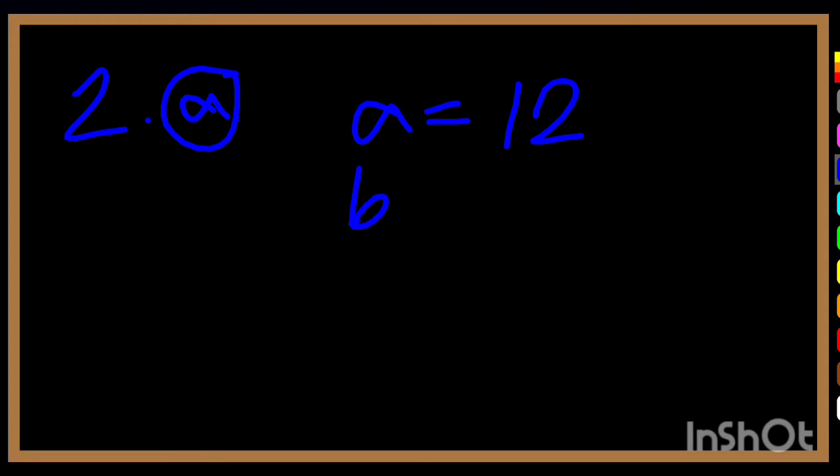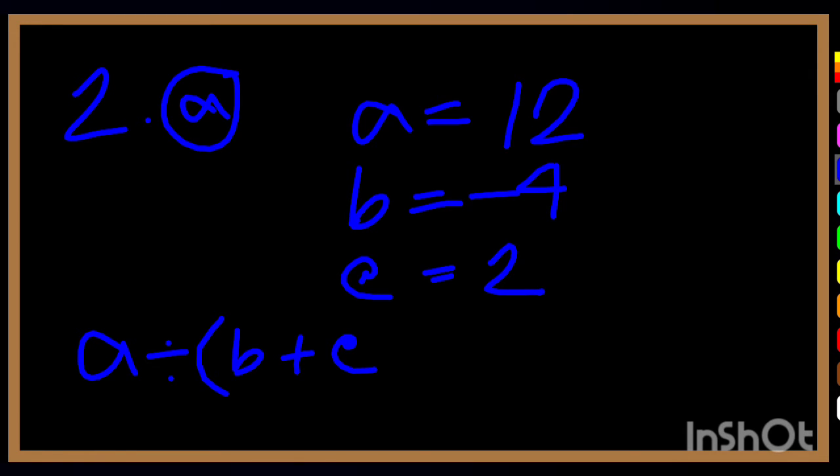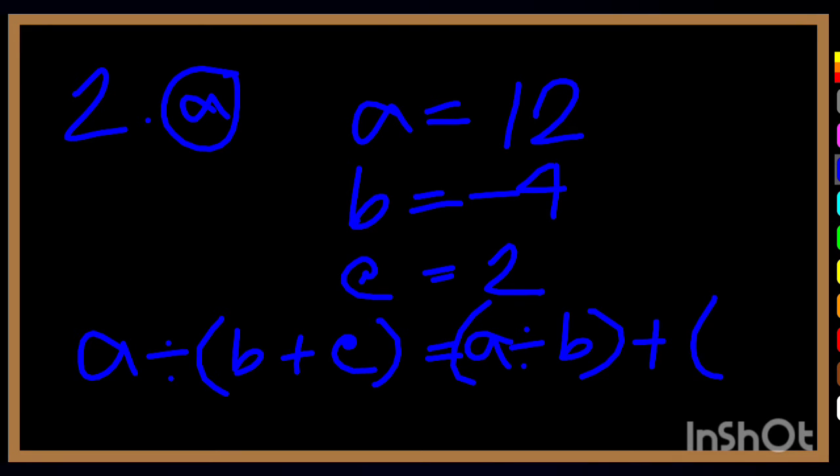In question number 2a, it is written A is equal to 12, B is equal to -4, C is equal to 2. We simply have to put these values in the places given in our question, and verify whether the given statement is true or false.